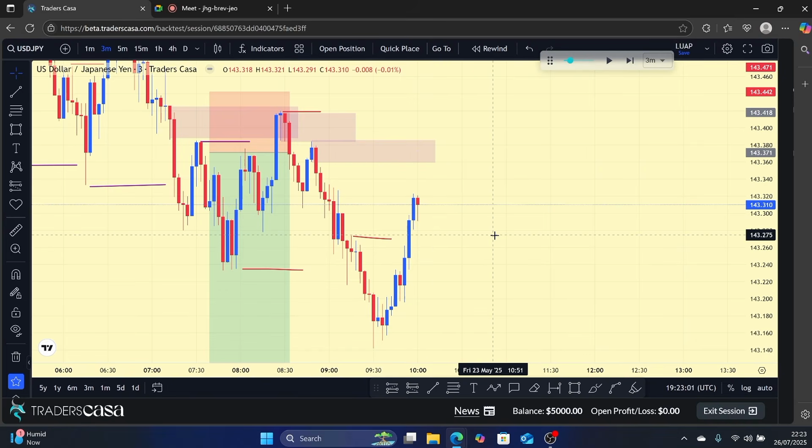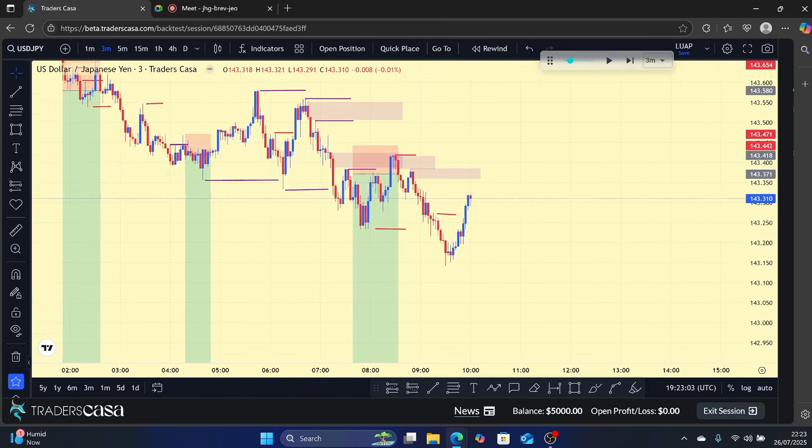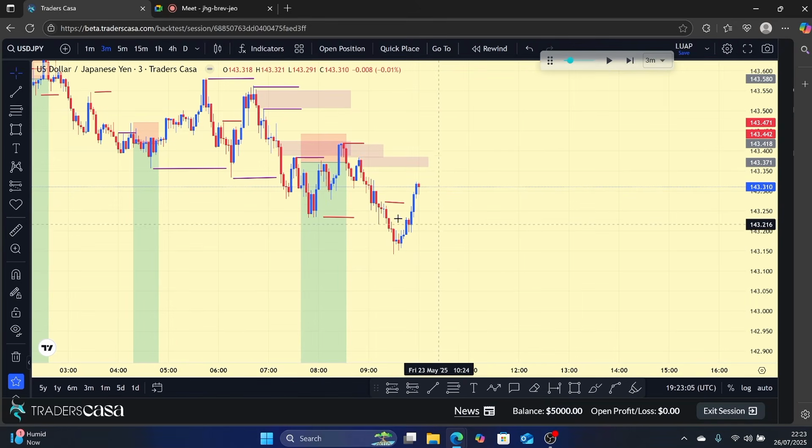Yep, so that one, or maybe there is an order flow in this case. Yeah, you can see all of this is an order flow, by the way. This one here is the order flow, and it's not mitigated. So this gives me the confidence to sell from this part.